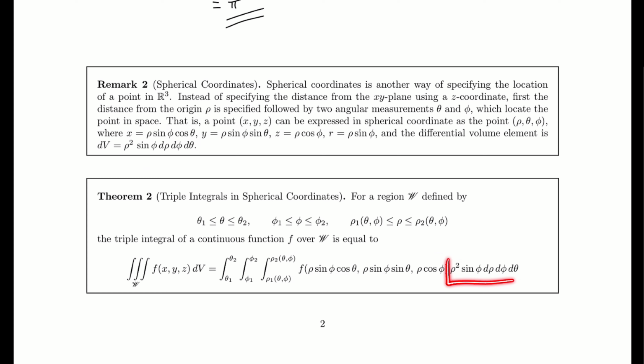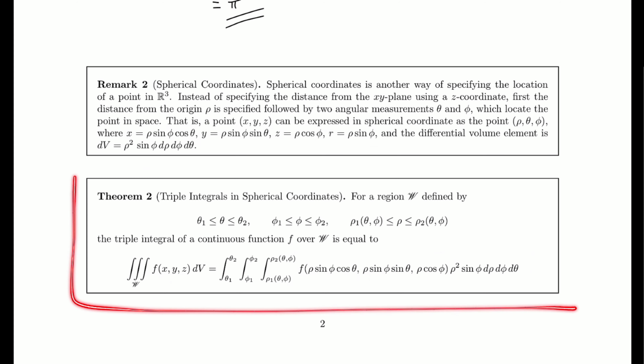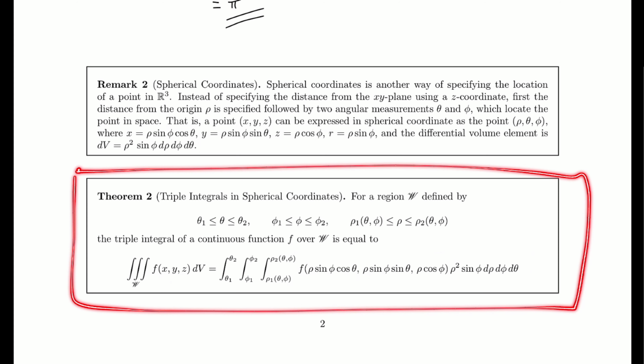Right here we have our dv. This is our original function f, same as over here. But then x, y, and z get replaced with what x is equal to, what y is equal to, what z is equal to. So all the same information is encoded down here in the theorem. So this really is what you want to look at when you're doing spherical coordinates.